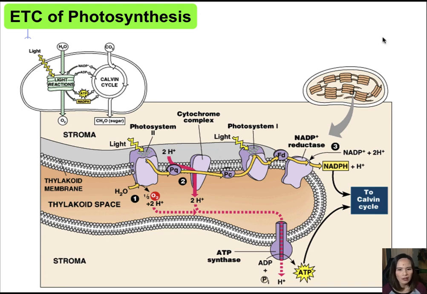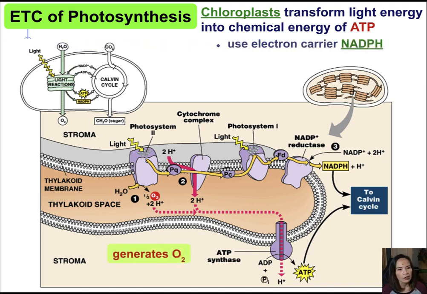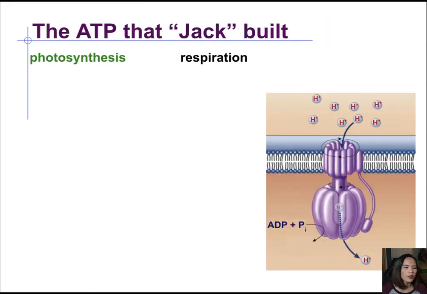So that's basically the summary of this process. Chloroplasts basically transform light energy into chemical energy, which is your ATP, kind of like a battery, okay? And the electron carrier, NADPH, is also there. So the ATP that Jack built.